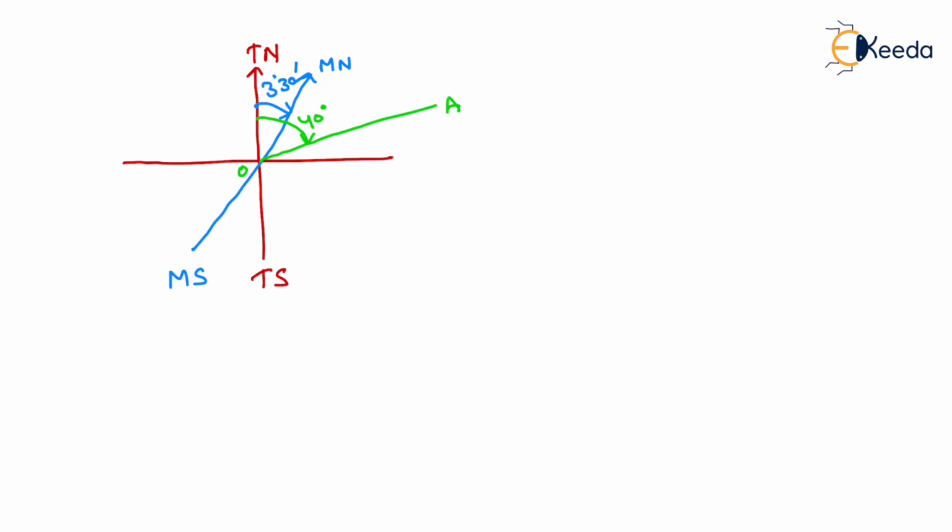Now we need to determine the value of magnetic bearing in 1990, and it will be equals to this angle, that is the magnetic bearing of line OA, and this magnetic bearing of line OA will be equals to true bearing of OA minus declination.